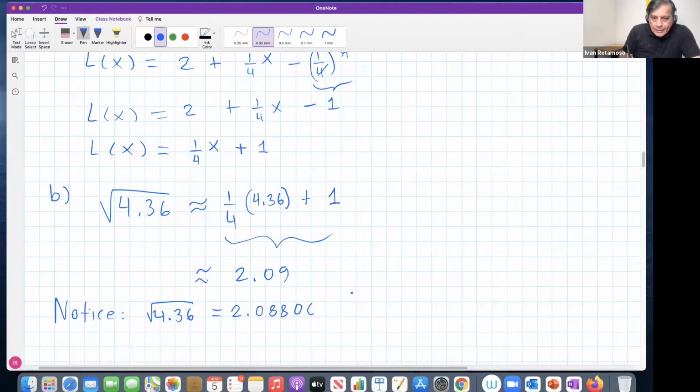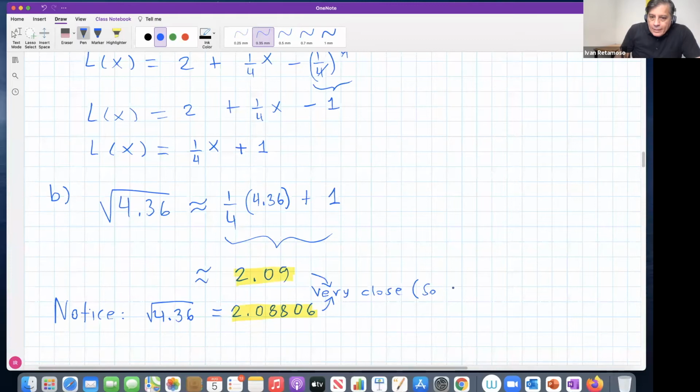Now, what is important is I want you guys to compare these two: 2.09 and 2.08806. These two are very close to each other, right? This is a very good estimation, right? That's the whole idea of this process, of this linearization. It gives you a very, very good estimation of the actual value.